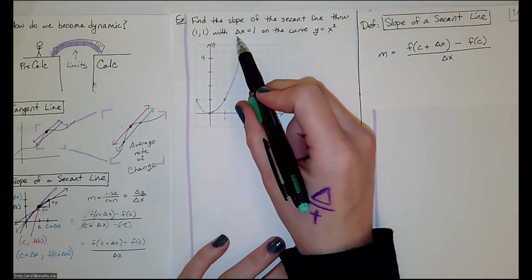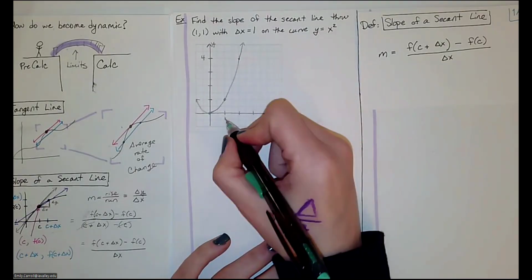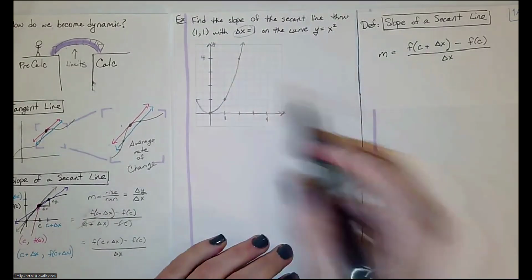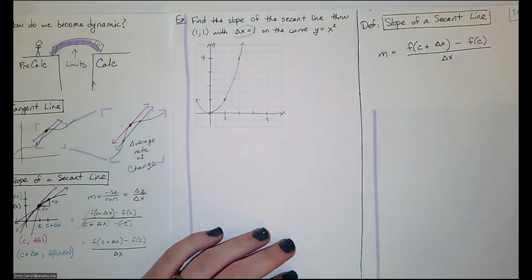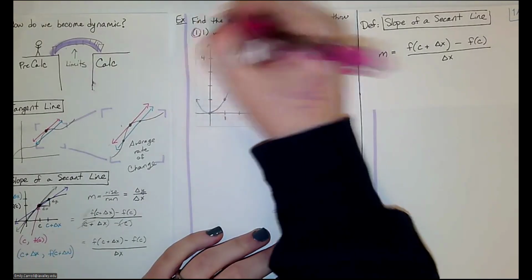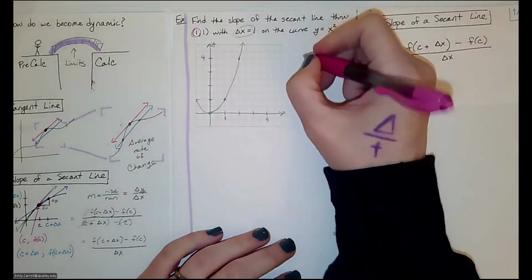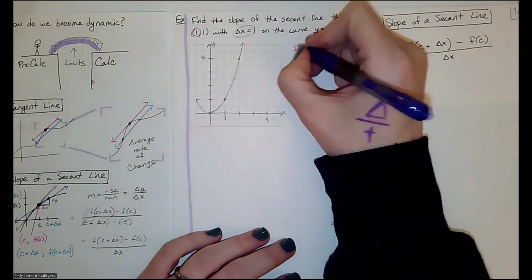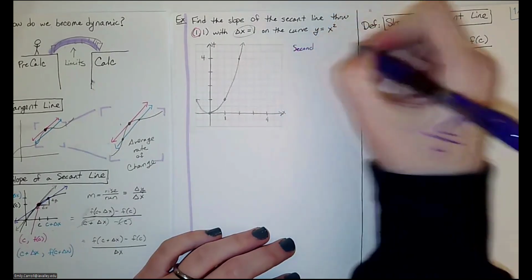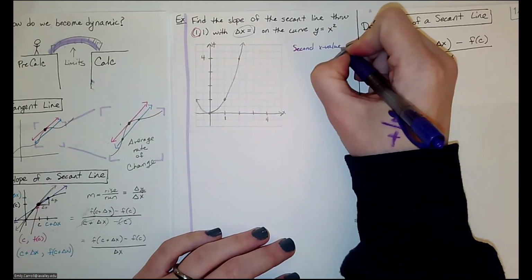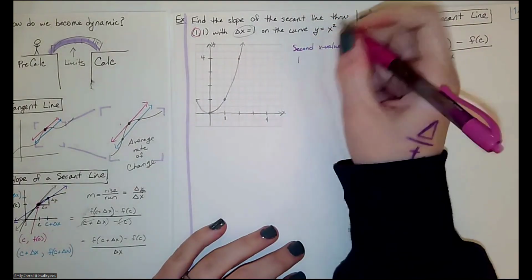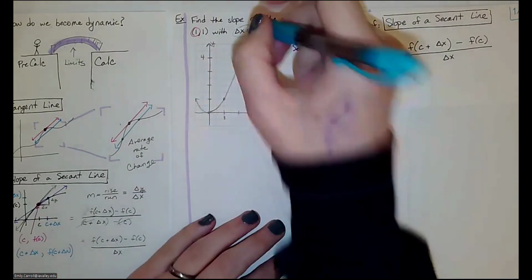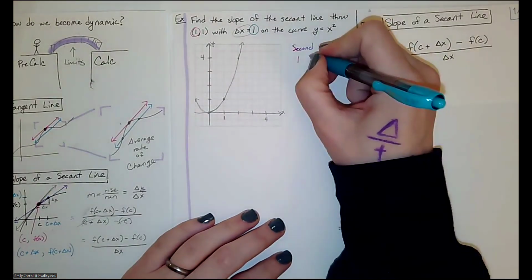So there's 1. If delta x equals 1, then the other x value that I'm interested in is going to be 1 plus 1. Second x value: we're going to do 1 because it's the x value in the given point, and we're going to add that to 1 because it's delta x.